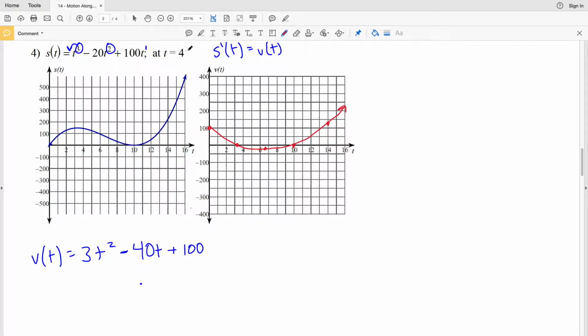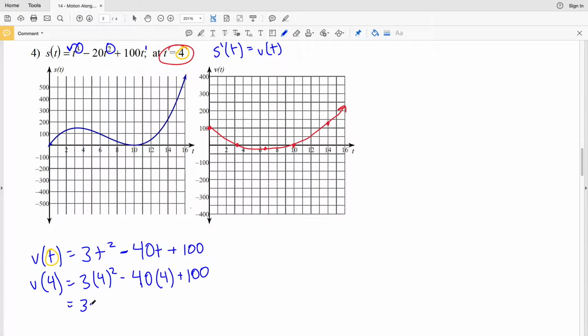So now we have the velocity function sketched. However, it asks for the velocity when t is equal to 4. So we're going to plug 4 in for t. So v of 4 equals 3 times 4 squared minus 40 times 4 plus 100.